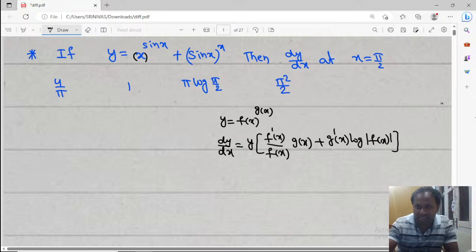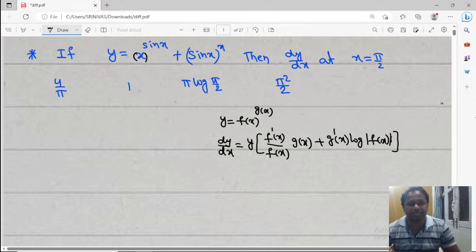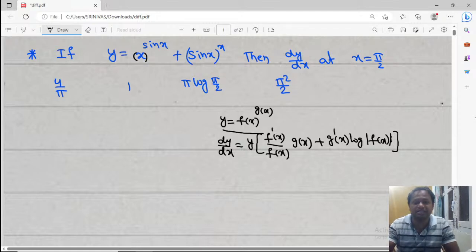For this, there was a proof in your NCERT textbook. You can see that. The problems of this form, you can apply this method.